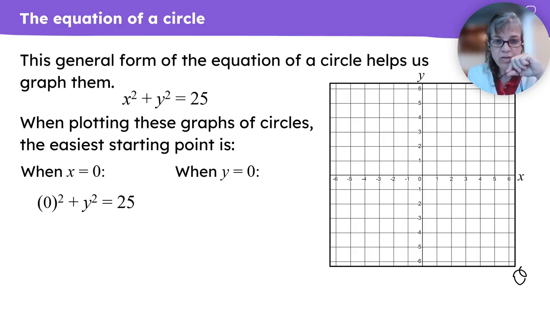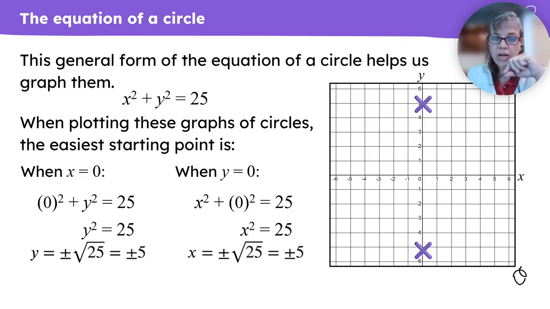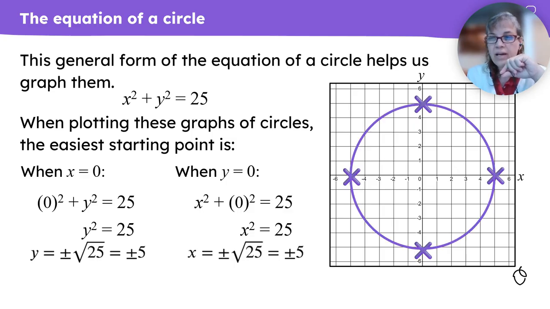If x was 0, then y squared would be 25, so y must be positive or negative the root of 25, or positive or negative 5. And that's these points. Opposite way, if y was 0, then x would be positive or negative 5. So now if I want to draw a circle, and I know the center, and I know these points, I can just draw a circle.